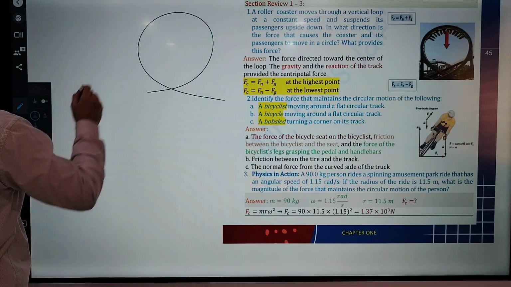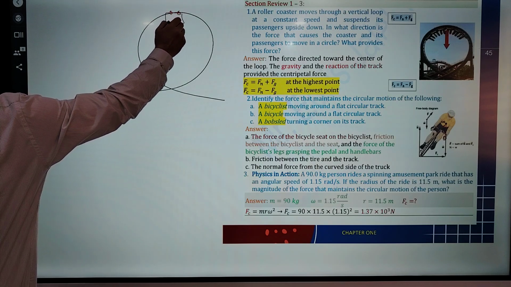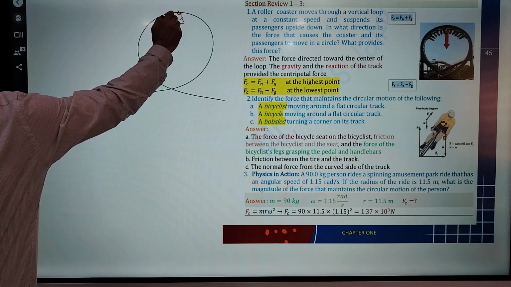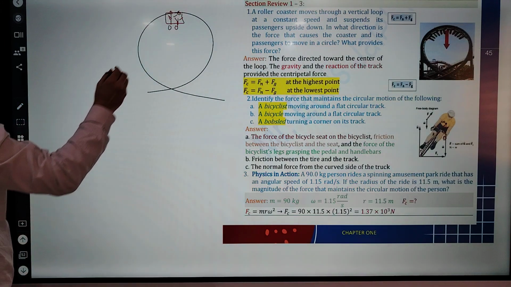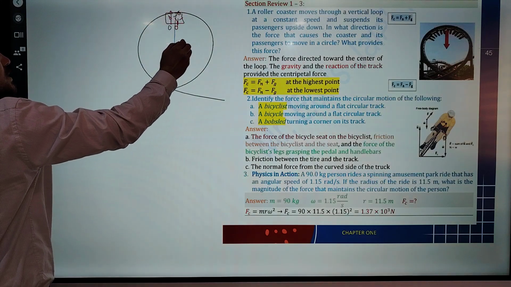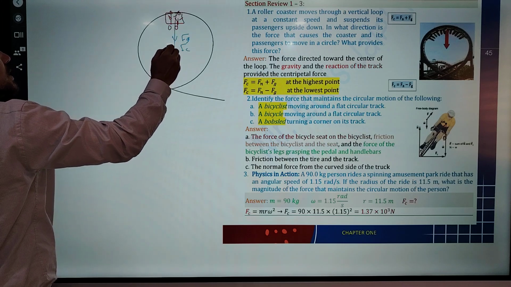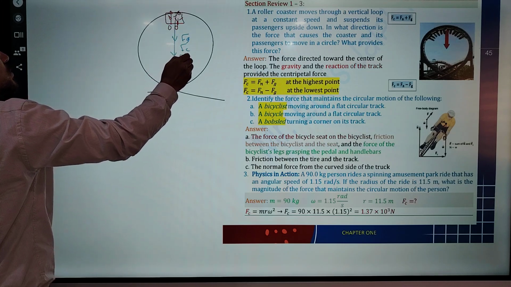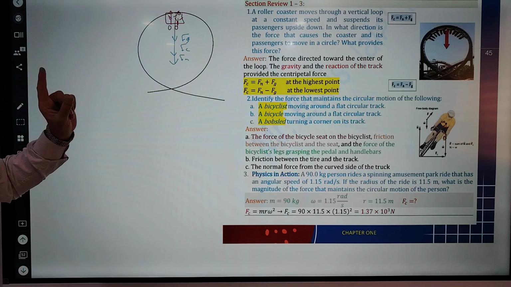When the roller coaster reaches the maximum point, what happens? The passenger becomes upside down. The direction of the centripetal force is toward the center. Fg is also toward the center, and Fn is also toward the center. Why? Because the roller coaster is upside down. Be careful.